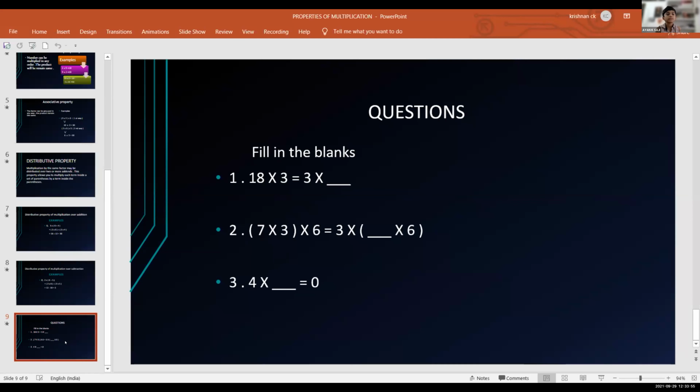Correct answer. 4 into dash equals 0. 0. Correct answer. Thank you.